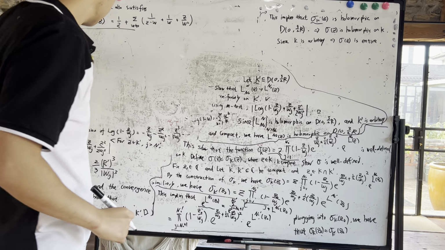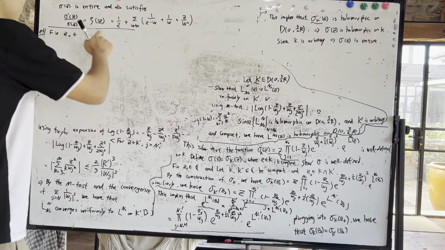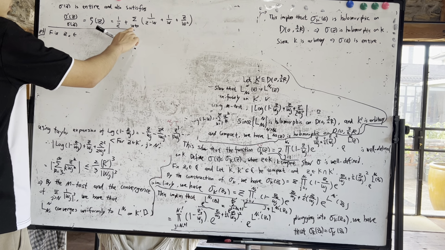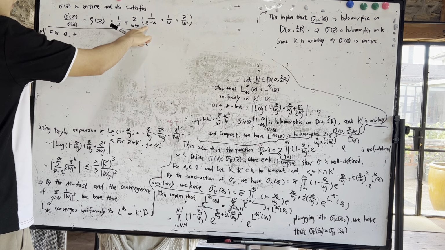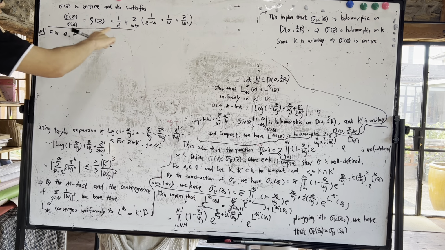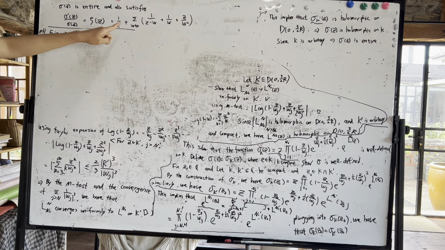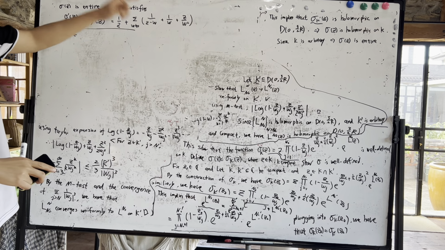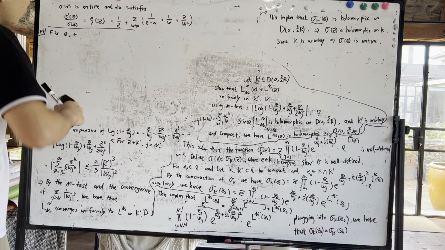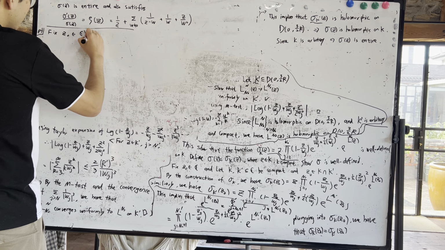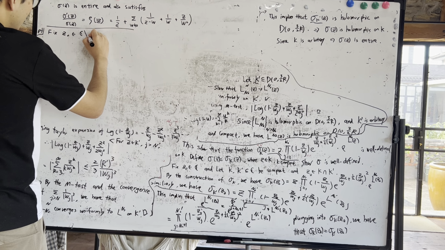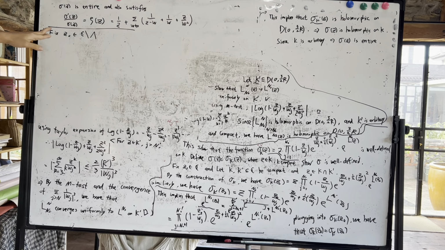Let's first fix z naught, because this zeta function is undefined at 0 and at the lattice points. So we say z is C take away all the lattice points, including 0. This is the notation for the lattice points including 0.